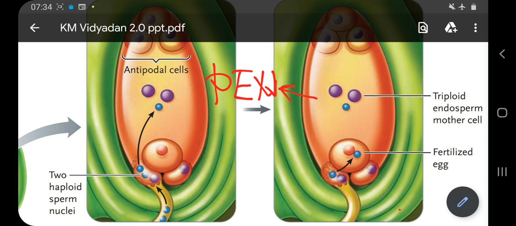So PEN, or primary endosperm nucleus, will be formed after the fusion of this male gamete with these two polar nuclei, and the zygote will form after fusion of the egg and the sperm. So here we can see two fertilizations happening, 1 and 2, and this phenomenon is called double fertilization.